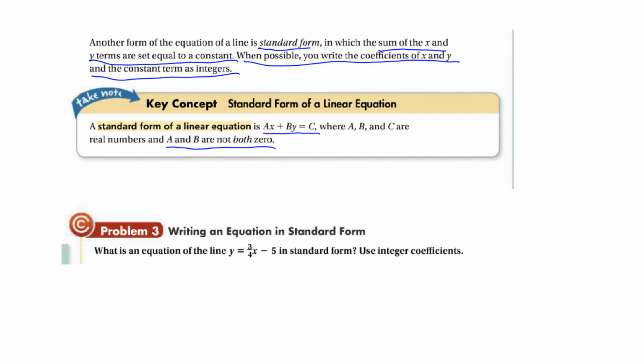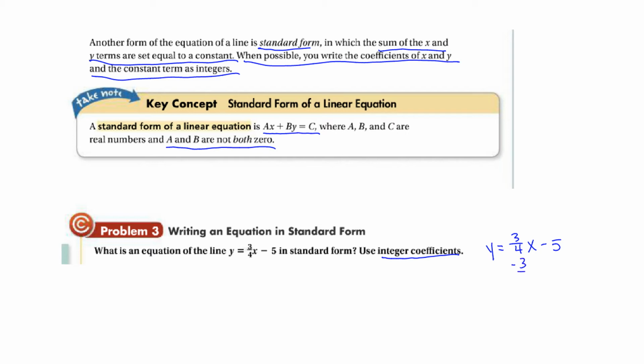If we look at problem 3 here, it asks us what the equation of the line y equals 3/4 x minus 5 is in standard form, and to use integer coefficients. So if I start here with my equation, y equals 3/4 x minus 5, I want to change it to standard form, so I need to get my x and y terms on the same side.